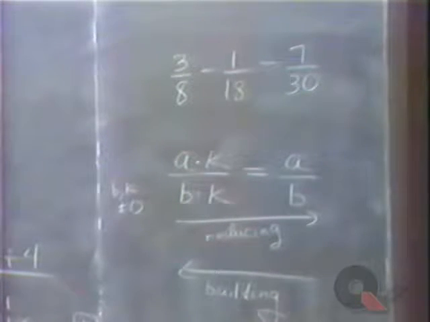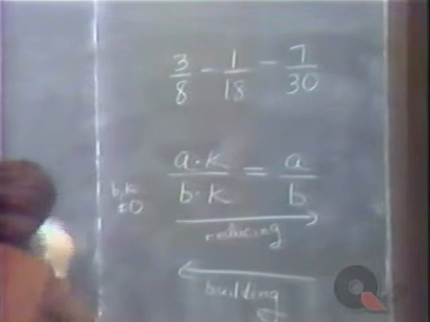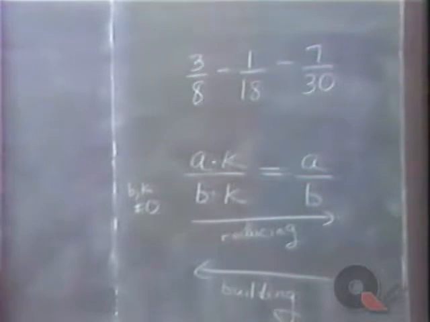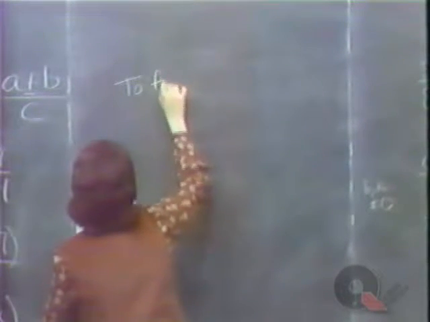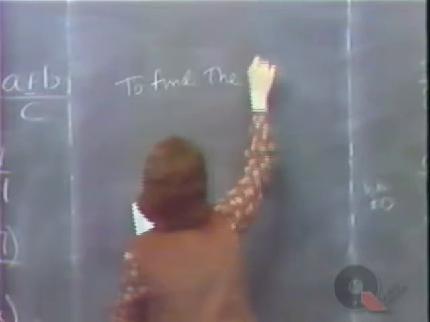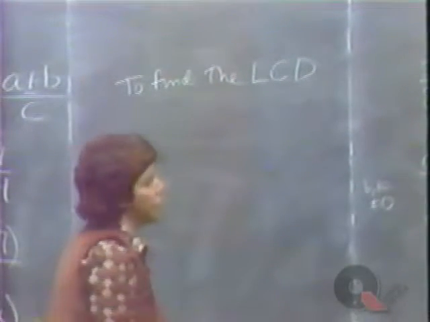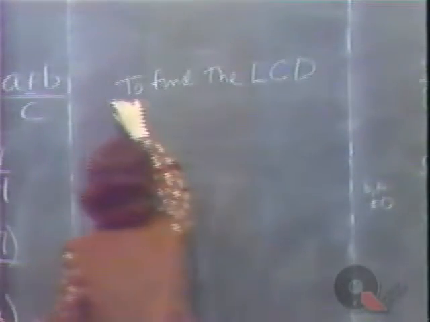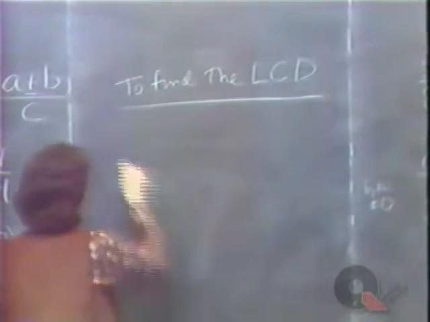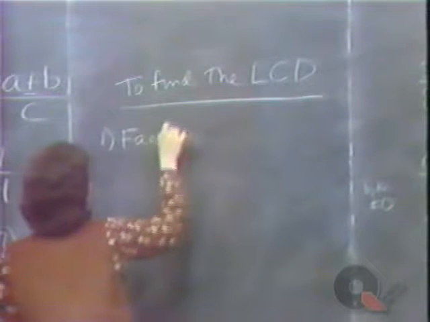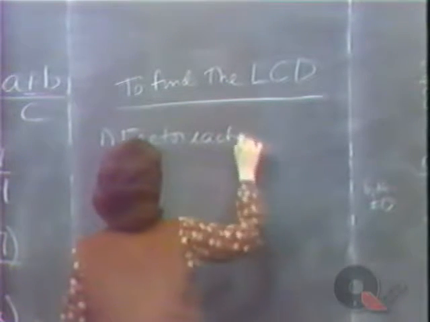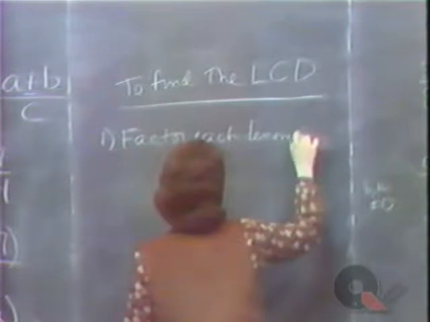Let me give you a procedure for doing that. To find the LCD, or LCM, least common denominator or least common multiple: first of all, factor each denominator completely.